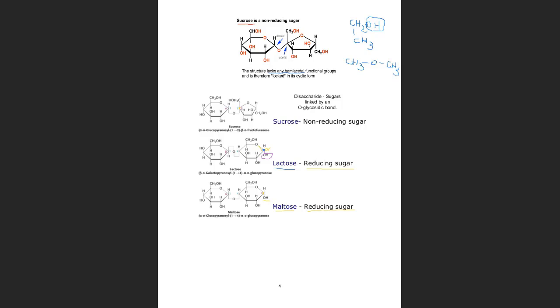So let's review a little bit the first test that we are talking about, that is the Benedict test. The Benedict test is, we said, to identify simple reducing sugars. Now, how about polysaccharides?